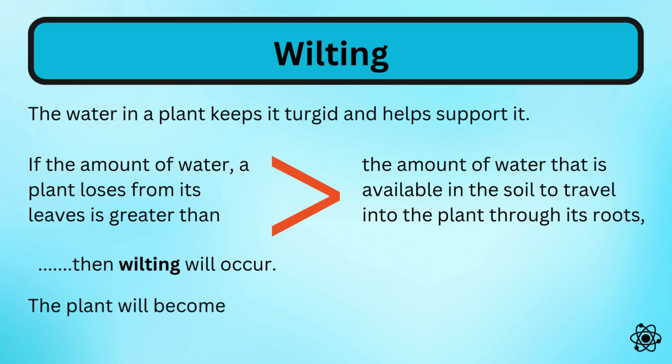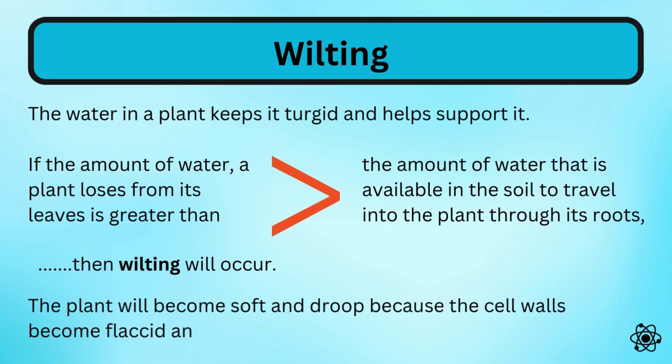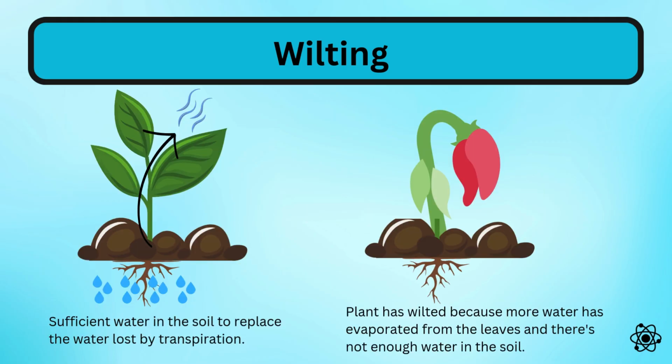The plant will become soft and droop because the cells become flaccid and will not be able to support the plant. As you can see in the first picture, there is sufficient water in the soil to replace the water lost by transpiration.